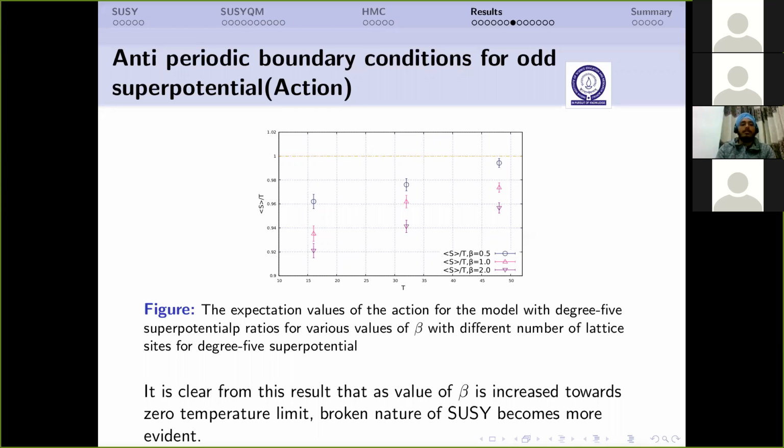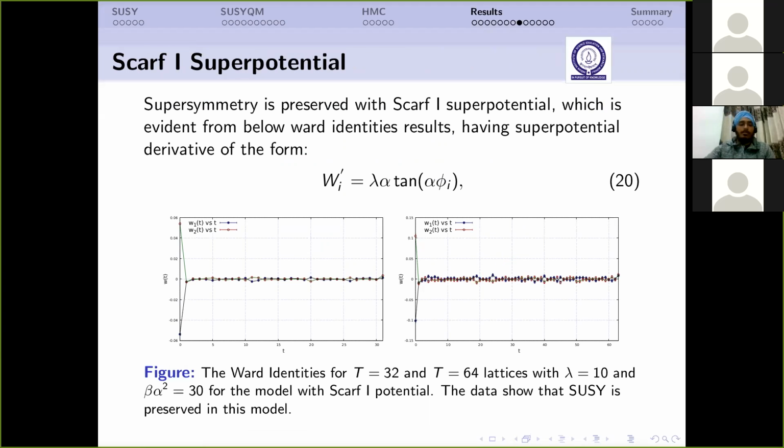The other superpotentials that we discussed: the very first one is the Scarf superpotential. The Scarf superpotential is used just to check whether our simulation code is correct or not, because we know that supersymmetry is preserved in this case.